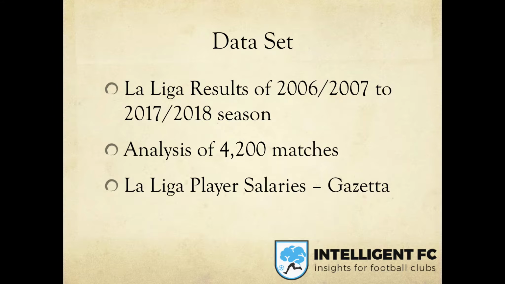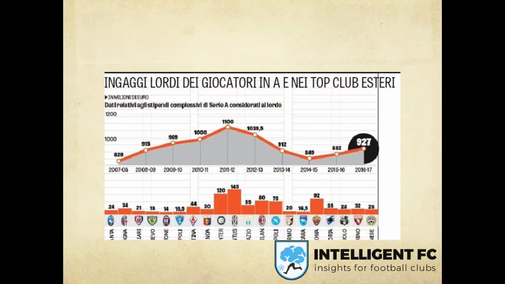I got all of the results, as well as I wanted to find out what the players' salaries were. And for that, there was Gazzetta dello Sport that officially publishes player salaries. I don't know how official or accurate this information is, but I had to use this data point.